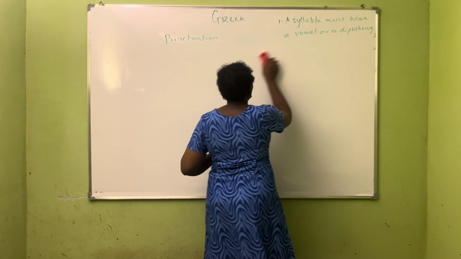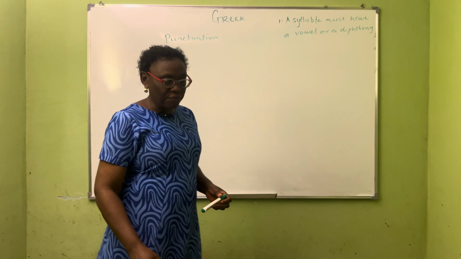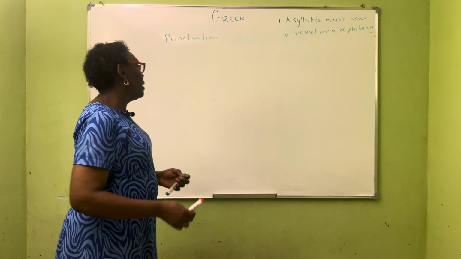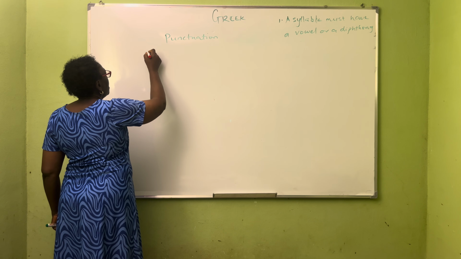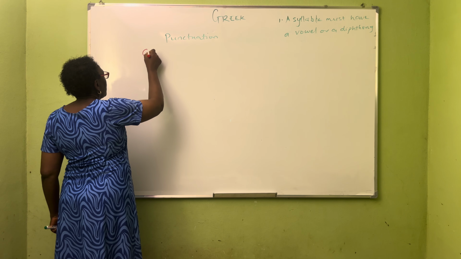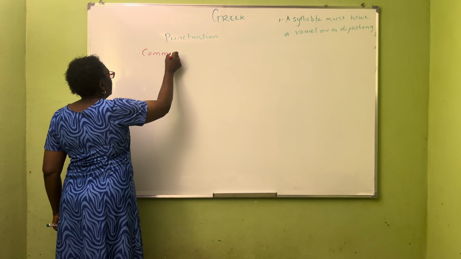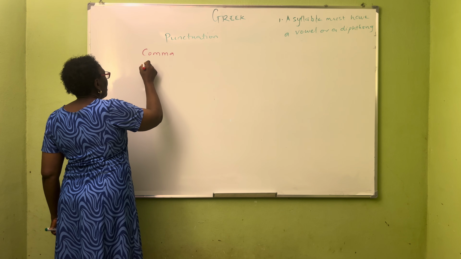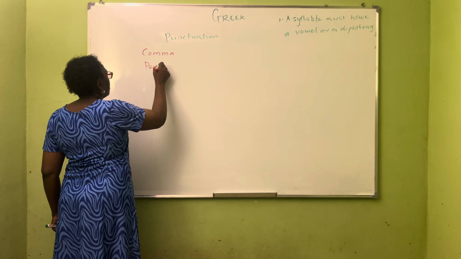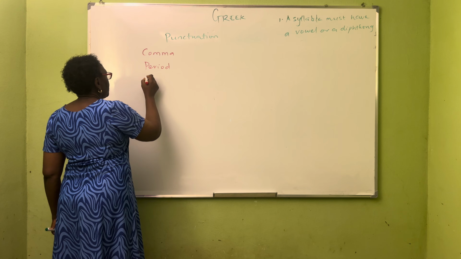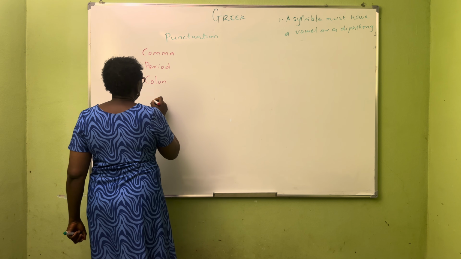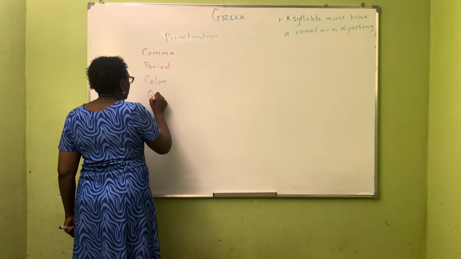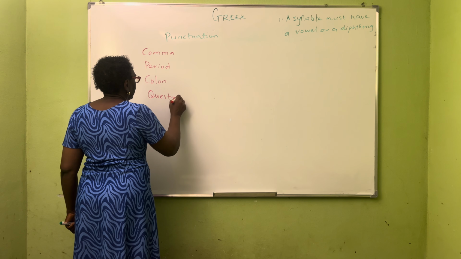So I will just use that to compare what we have in English. So let's see, if we want to have comma, how does it look like? If you have to have period or full stop, how does it look like? If you want to have colon or semicolon, how does it look like? And if you want to have question mark, how does it look like?